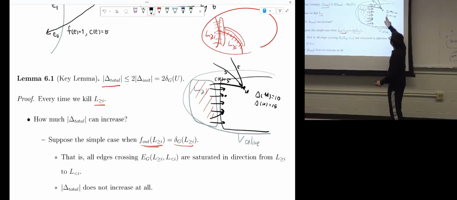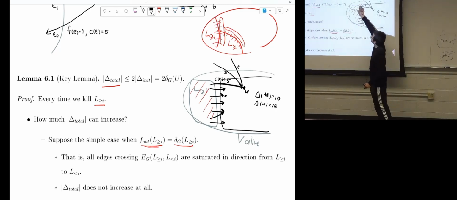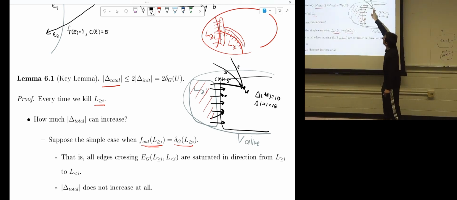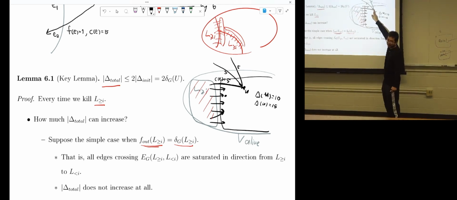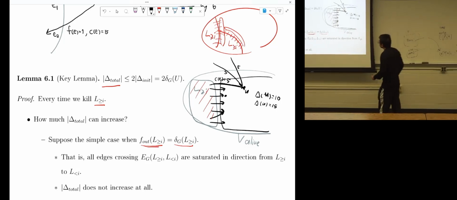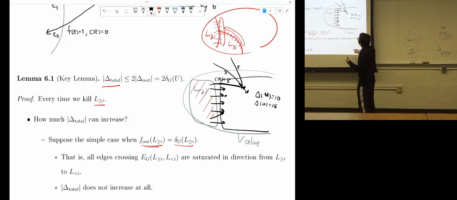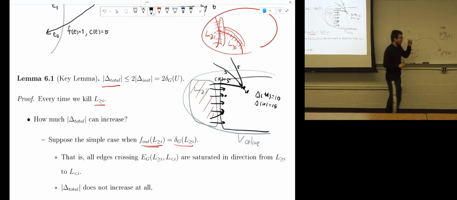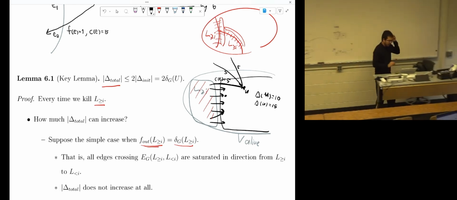Right? But if the flow from here is saturated, like I send 5 units of flow here too, then how should you think about this?